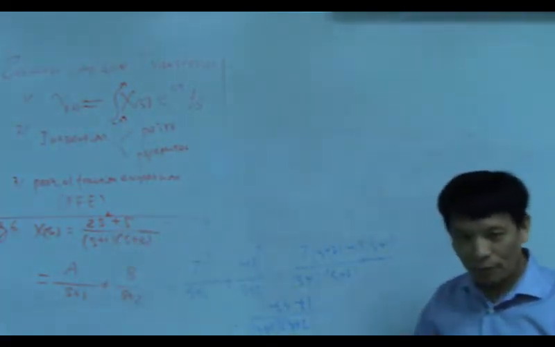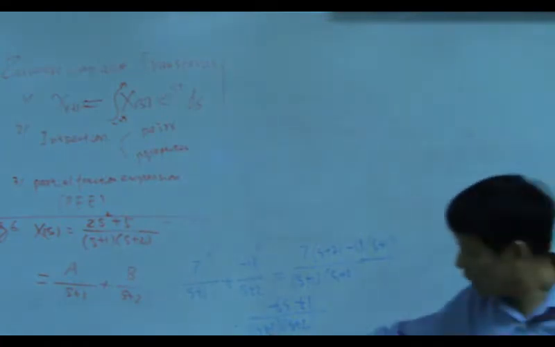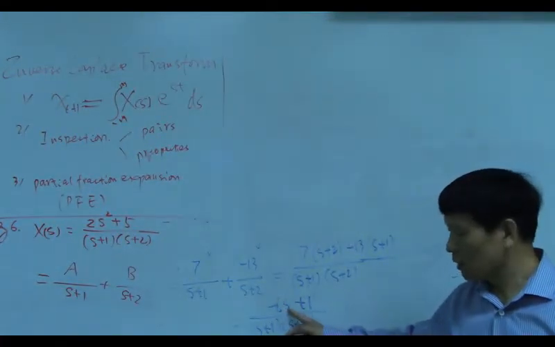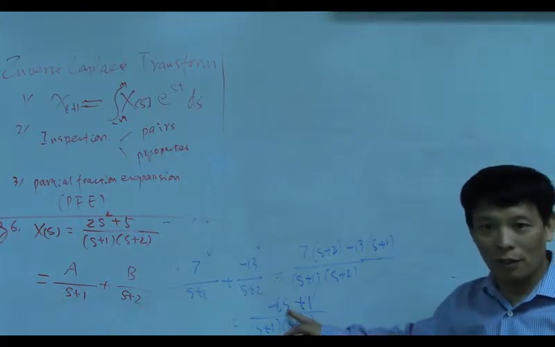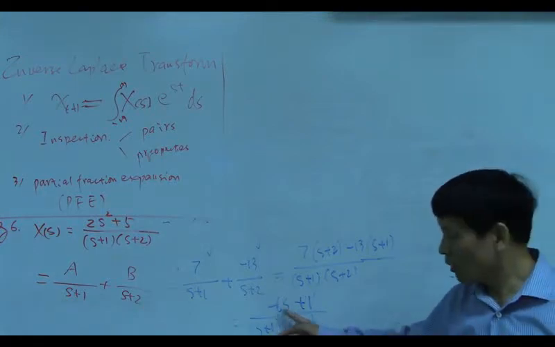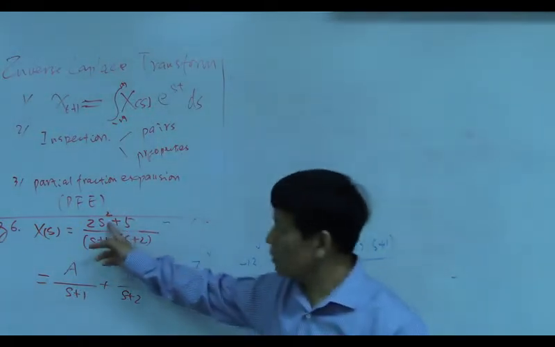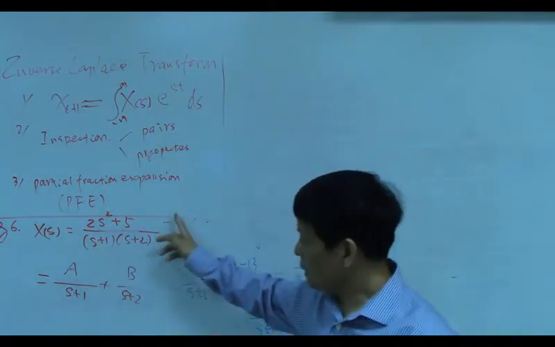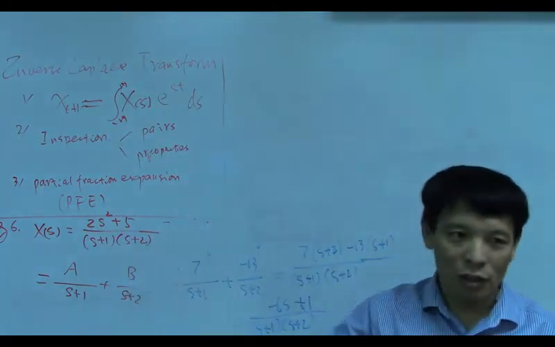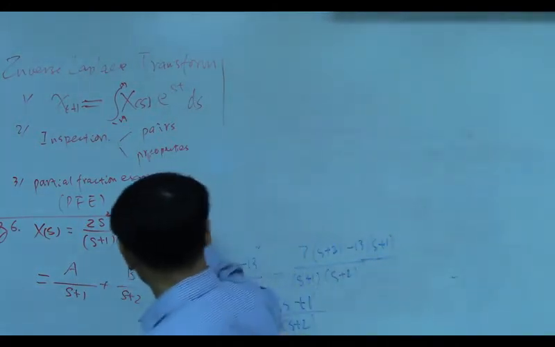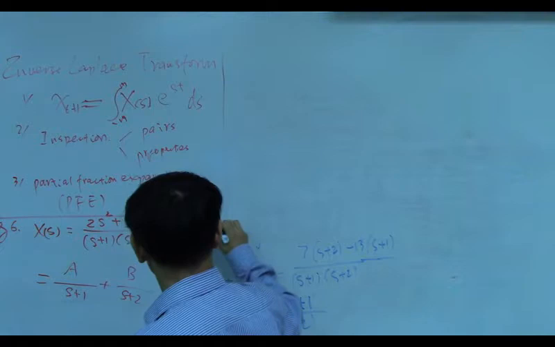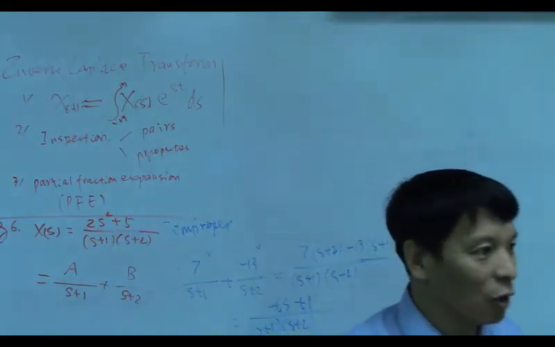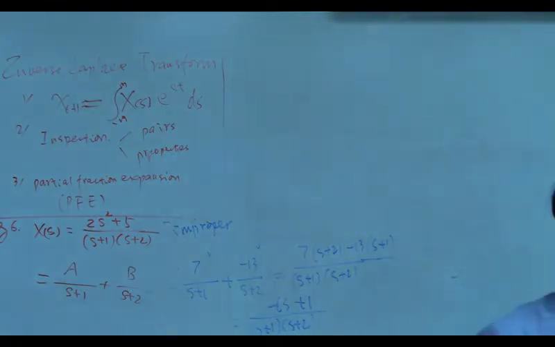On the bottom, the degree is 2, s squared. On top, this one is only first order, degree equals 1. There's no s squared term on top, but we have an s squared term here. So this kind of rational function is called improper, because the degree on the top is greater than or equal to the bottom.